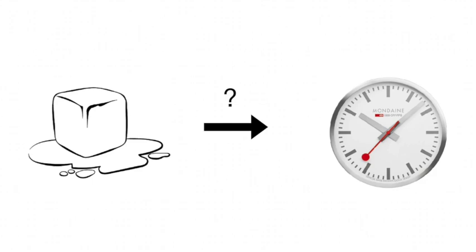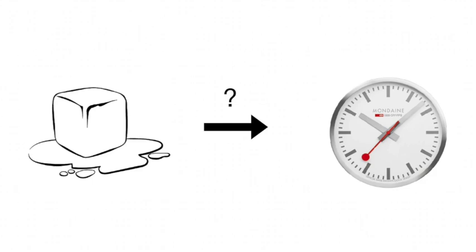Maybe it should be the Japanese train company clocks, because they're even more on time. Can we turn this ice cube into a very good time reference? This is what we want to do with temporal probability concentration.